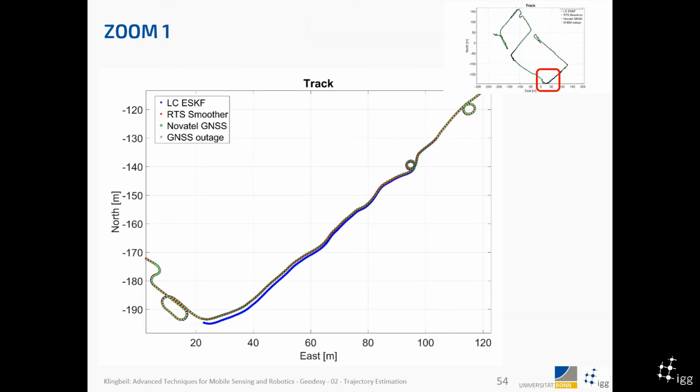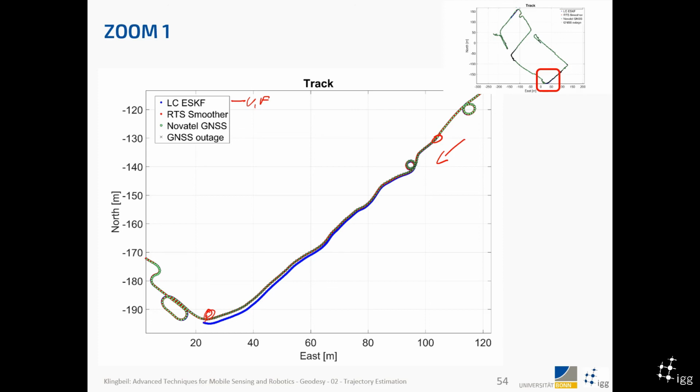Let's go a bit more into detail in these areas. So we're coming from here, right? Here the GPS outage starts, and you see that the normal Kalman filter is drifting away from the smoother, and it's drifting away from the GPS measurements. At some point, when the GPS comes back, it jumps back to the true track and continues.